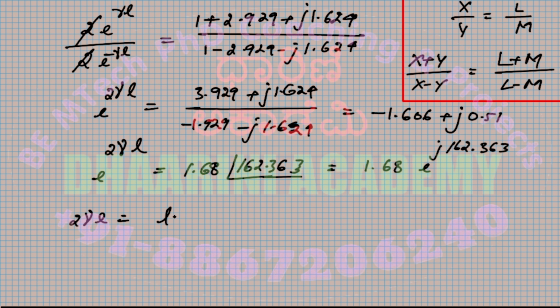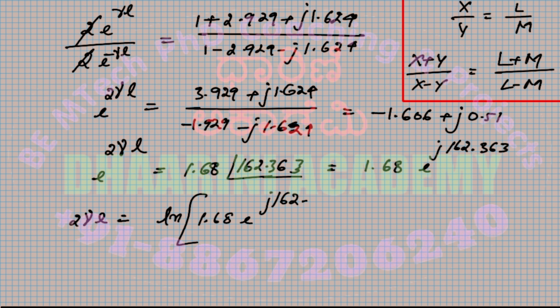So cancel that by using a log on both sides. This is 1.68 e to the power j 162 point. But the problem is I cannot write in degrees. I have to write in radians.